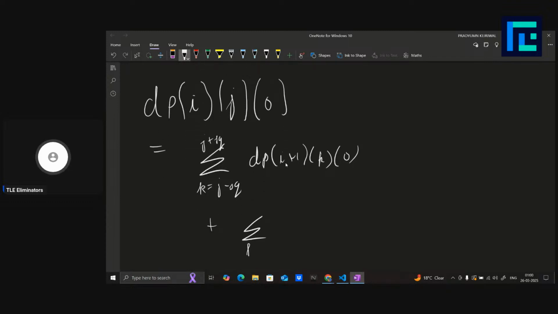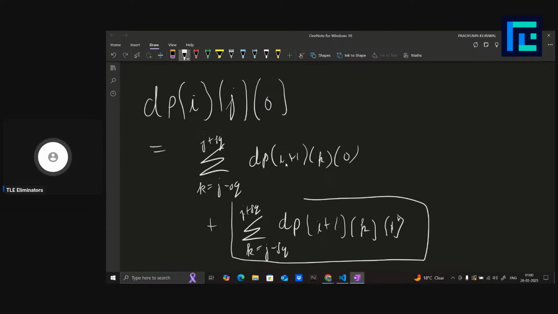So summation k equal to j minus sq to j plus sq dp of I plus 1 k and 1. So you can calculate these two sums efficiently using prefix sum.